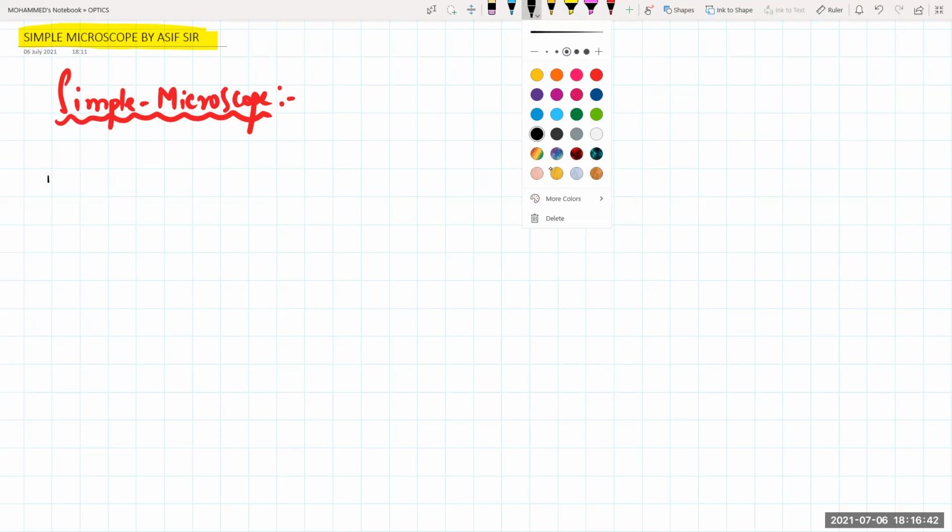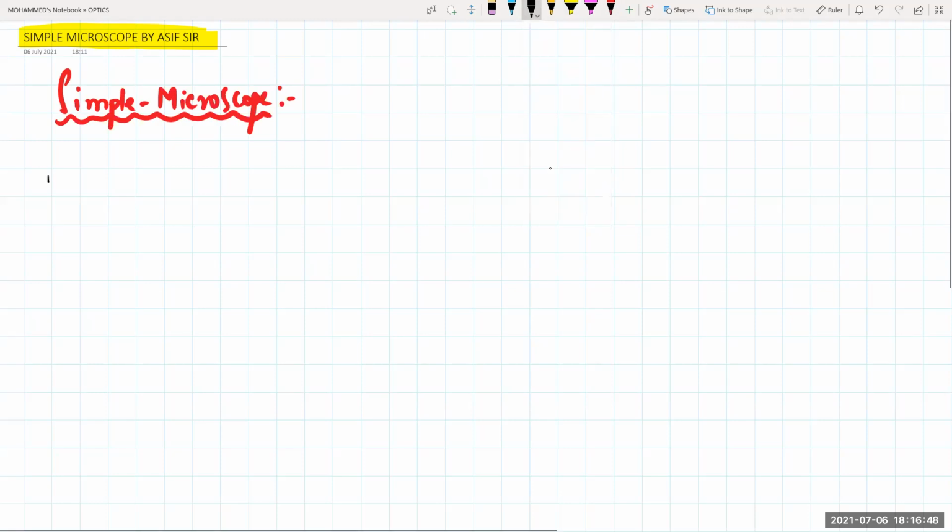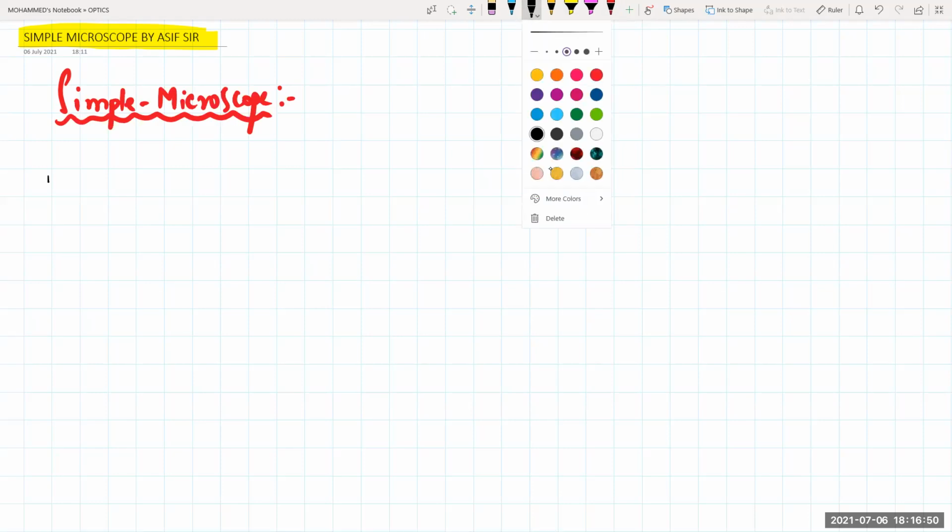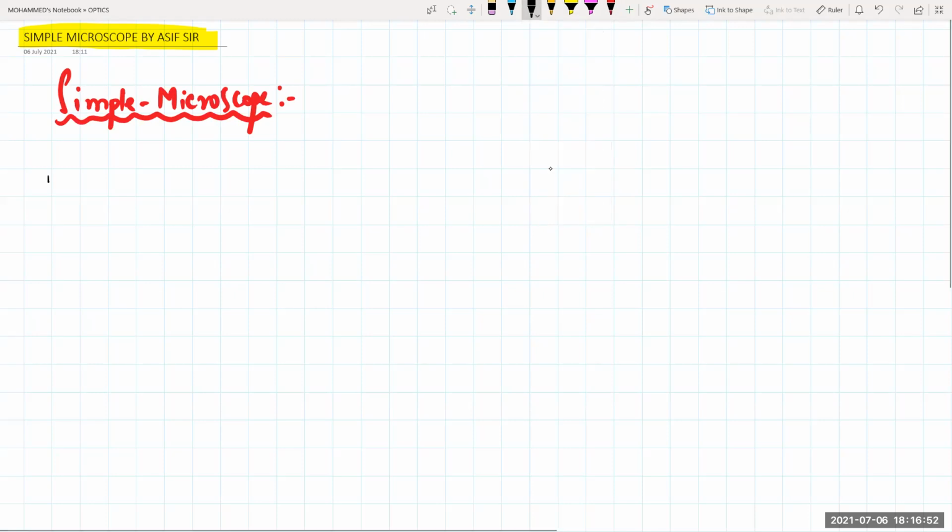I mean to say, simple adjustments by which we can magnify, like a magnifying glass. In your school days, you might have gone through that one. So a magnifying glass is one of the best examples of a simple microscope. A simple microscope is nothing but an instrument which magnifies or increases the apparent size of an object.